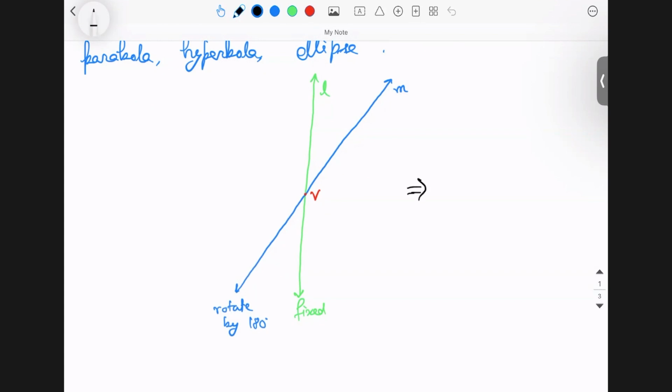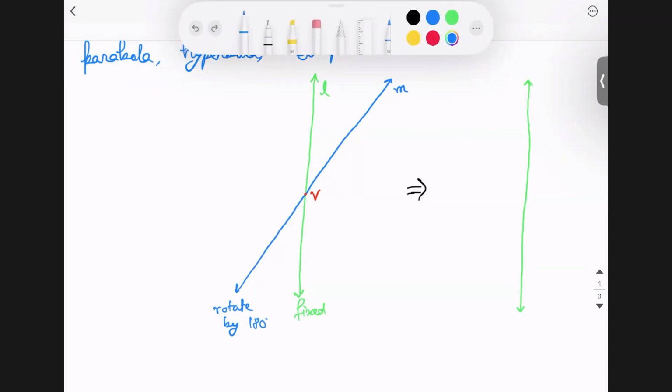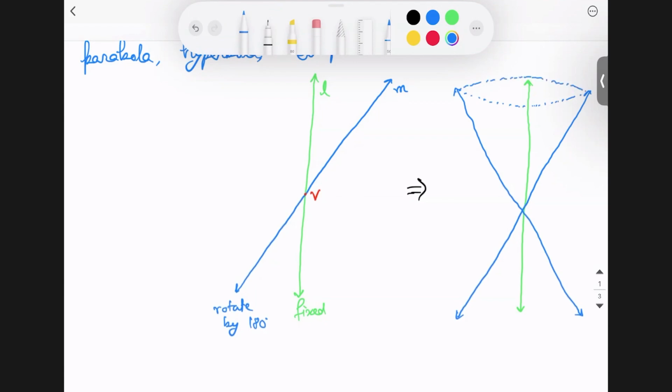If we rotate this blue straight line, we will obtain some kind of figure like this.